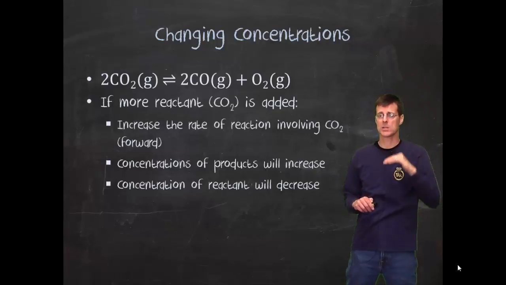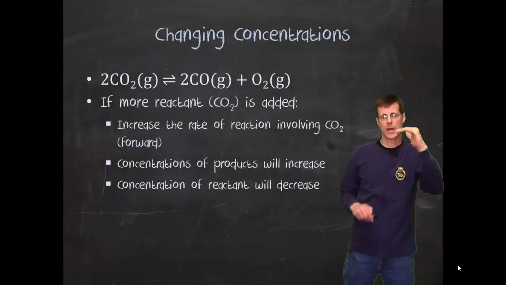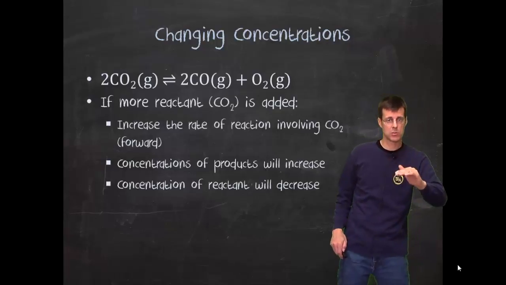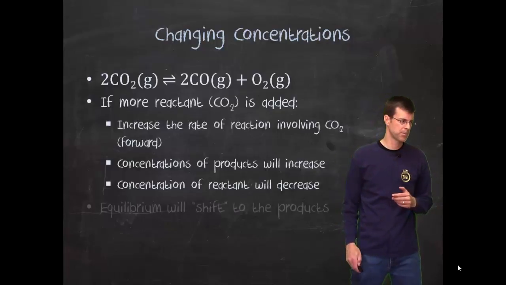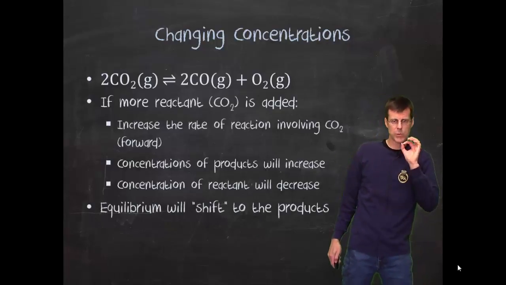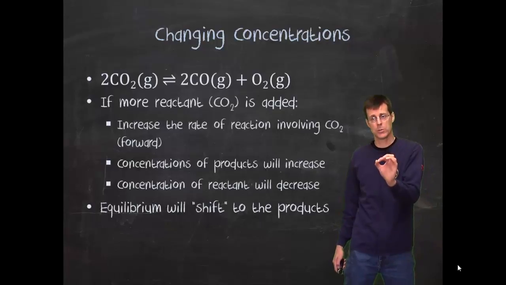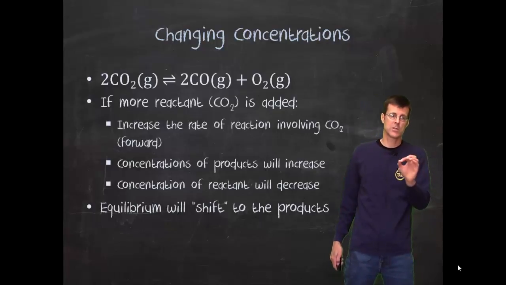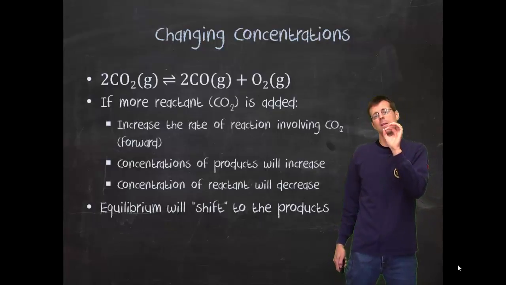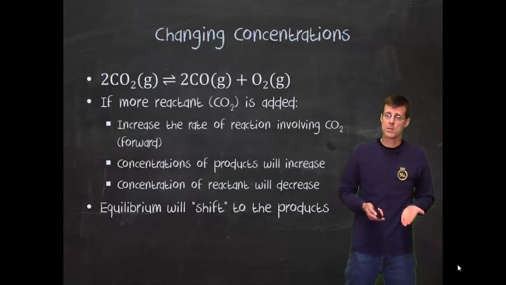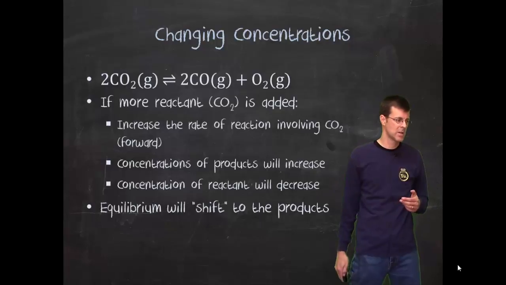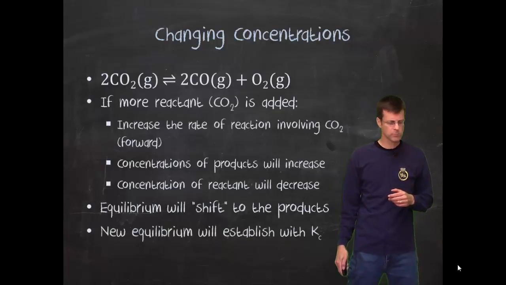I might come down just a little bit, but the reactants will decrease, not to or below the original level, but they'll decrease from the amount that I added, and the products will increase. Okay? I'm going to then establish a new equilibrium with new concentrations, but there will be a difference. All right? So the equilibrium constant might be the same, but the equilibrium amounts will be a little bit different.